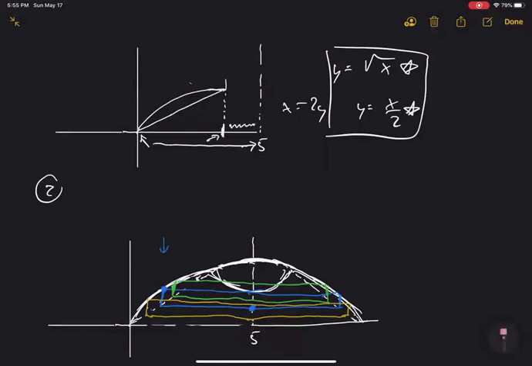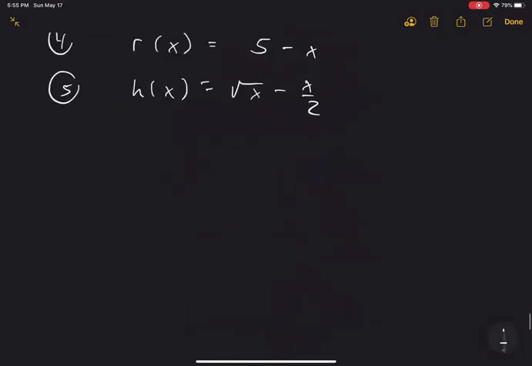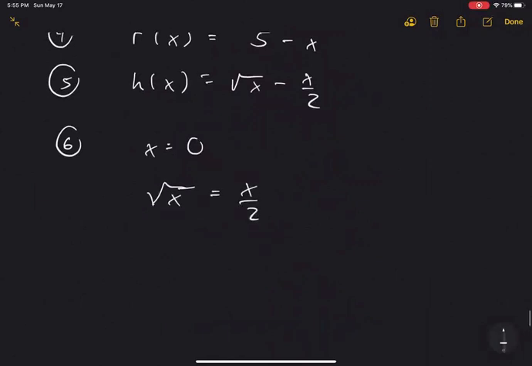So really my bounds of integration should be from x equals 0 to whatever point this is. So what point is this? That's where these two curves intersect again, right? So x equals 0 is one, and then to find the other, I need to set square root of x equal to x over 2. That was that other curve, right? And then let's solve for x. I need to get rid of that square root so I can square both sides.